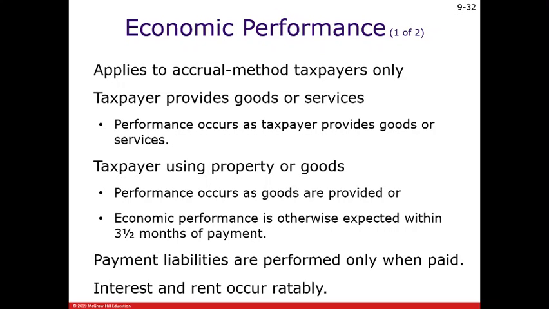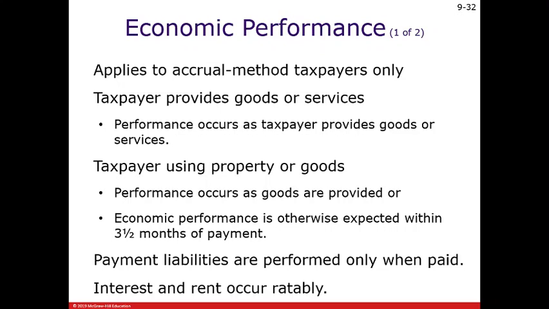And there are different categories there under Exhibit 9-2. And so for these particular categories, economic performance occurs when the taxpayer pays the liabilities associated with these different categories. Workers' compensation, tort, breach of contract, or a violation of law.